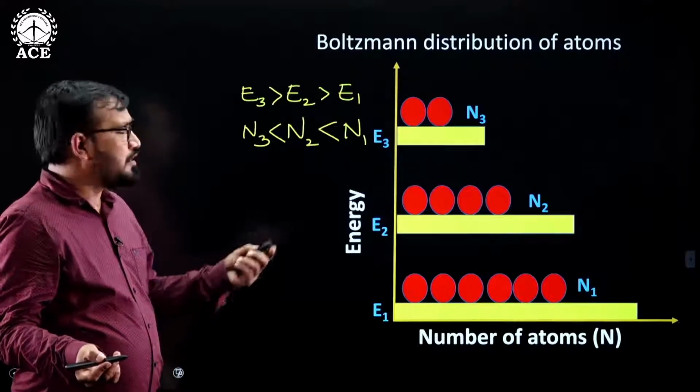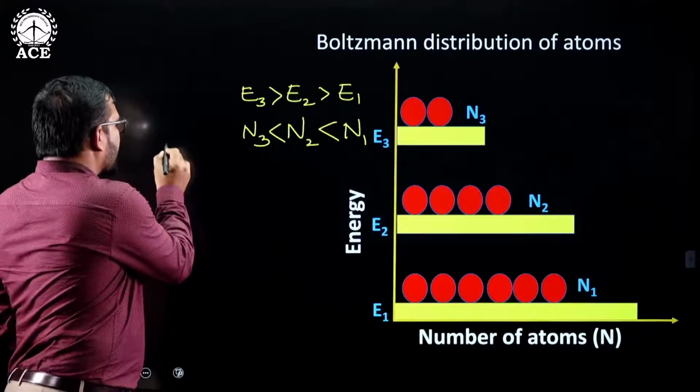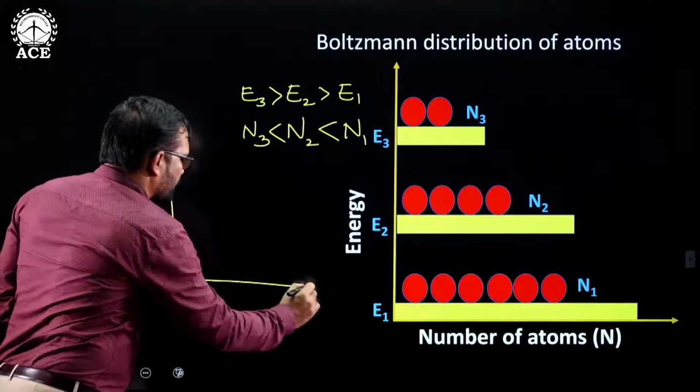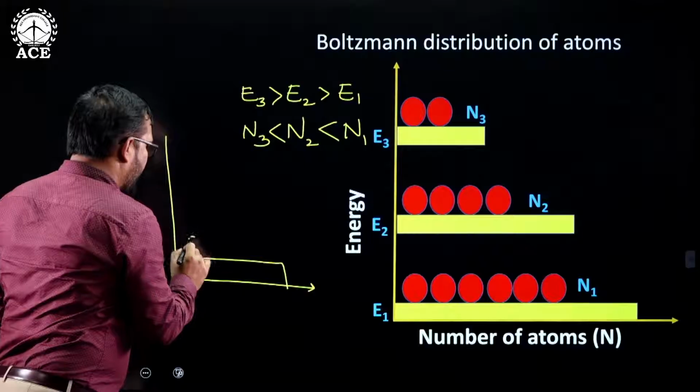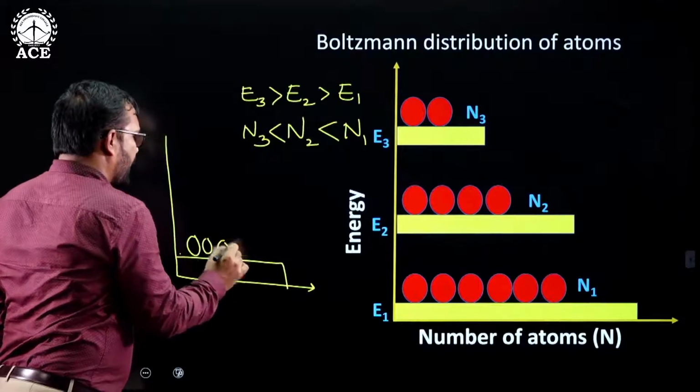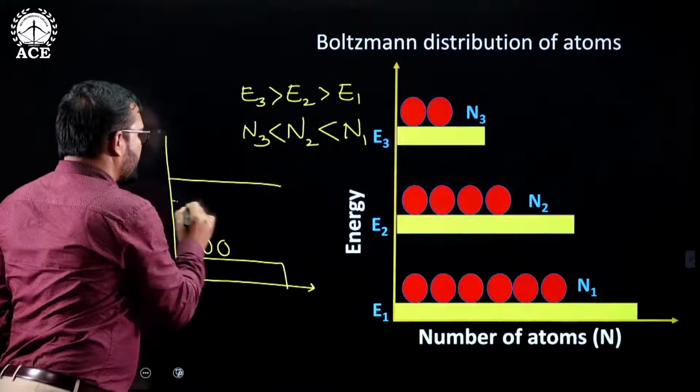From this I want to continue with one more thing. Population inversion means having more atoms in a higher level. For example, this is a lower energy level. Here we have only 3 atoms. Next, this is the E2 level.